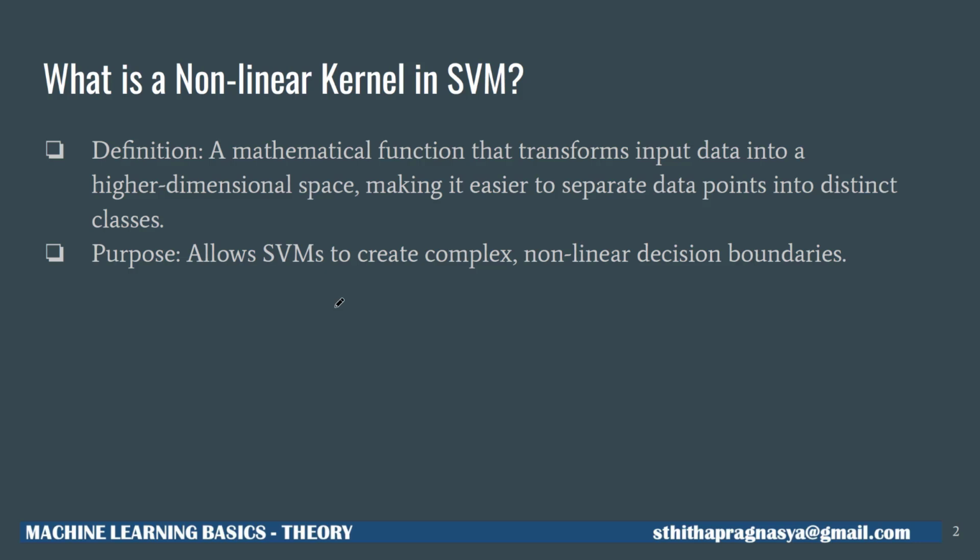We have seen something like this in one of the examples where we have lowered the dimension to understand the features very easily. SVMs aim to find the optimal hyperplane that best separates the classes, and a non-linear kernel allows the SVM to create complex non-linear decision boundaries.